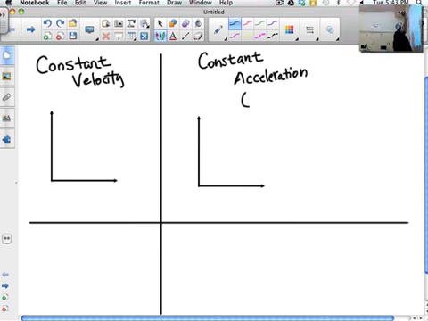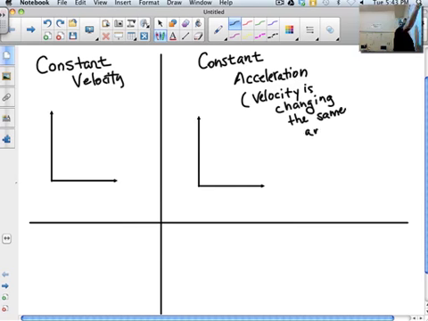This is when the velocity is changing the same amount each moment in time that passes.